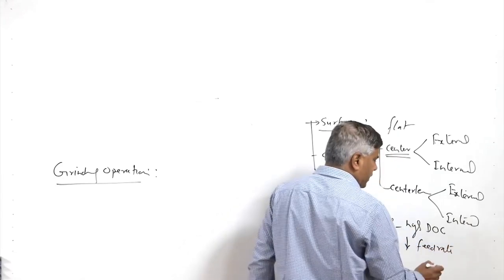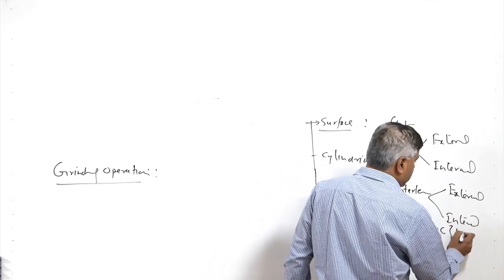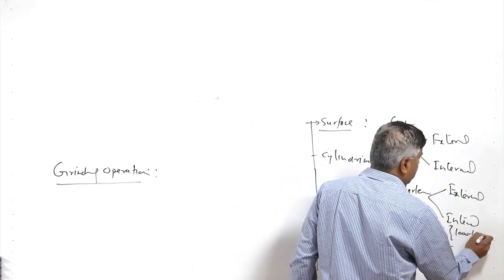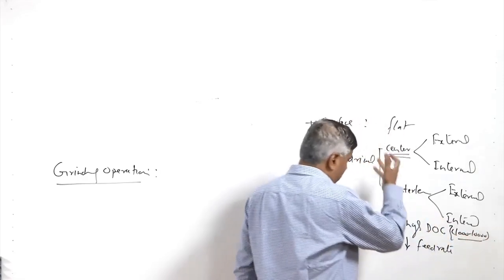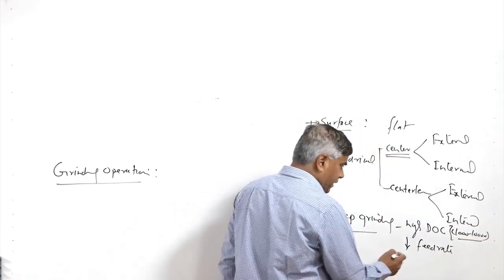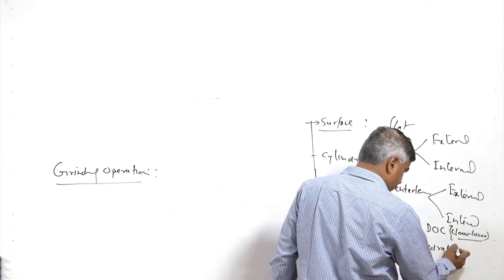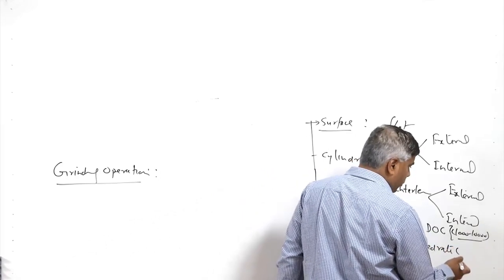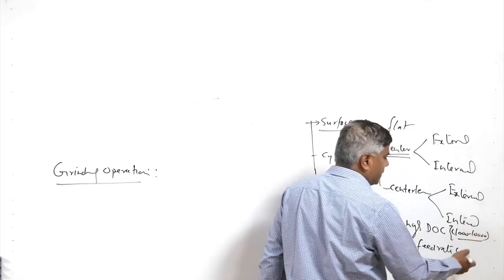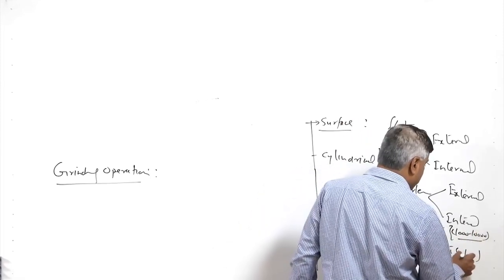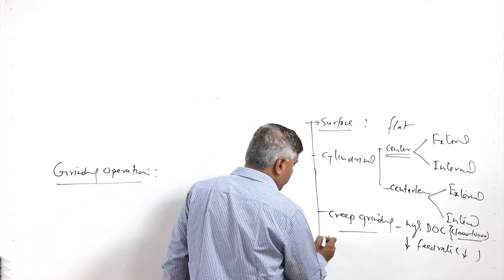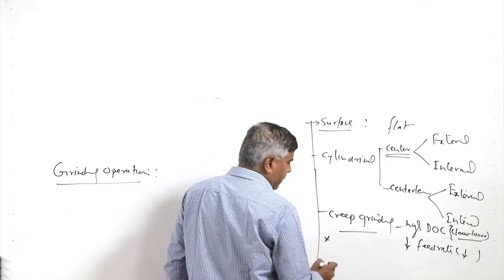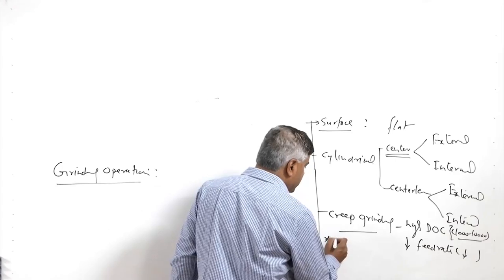So, depth of cut may be like 1000 to 10,000 times higher than what is normally used in the conventional grinding, while the feed rate is proportionally lower, means 1000 to 10,000 times lower than the conventional feed rates.